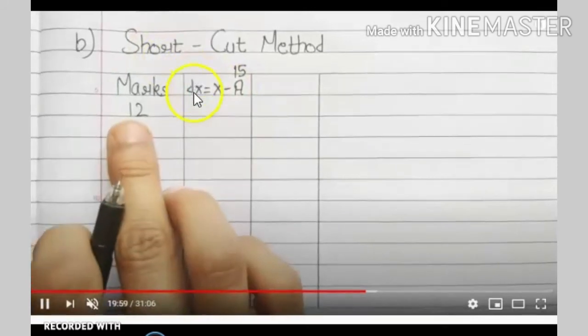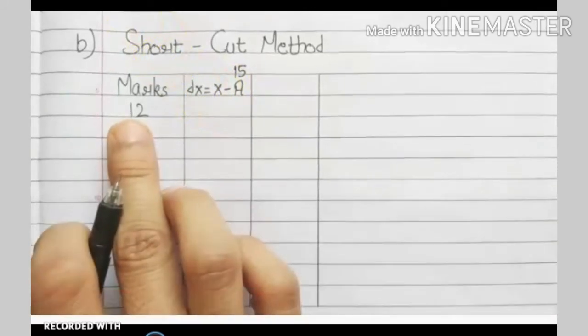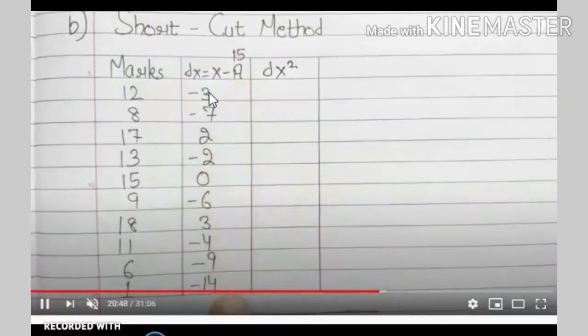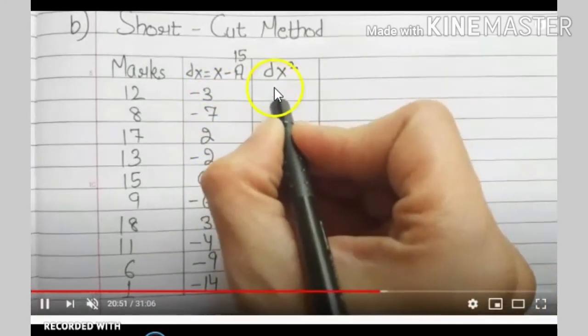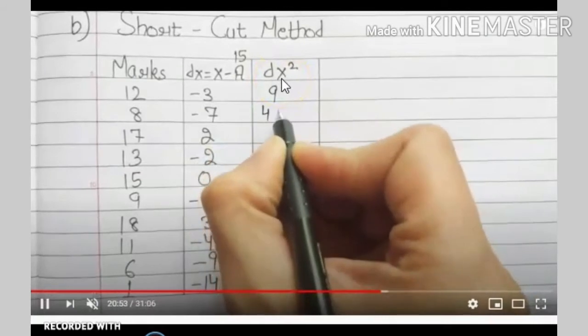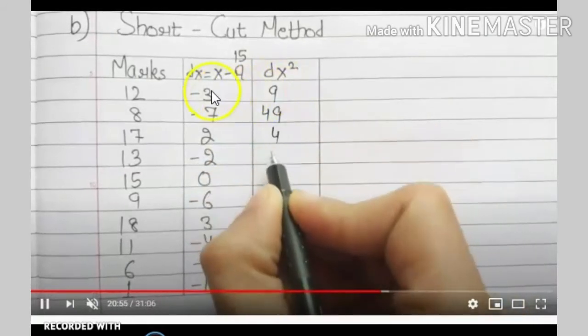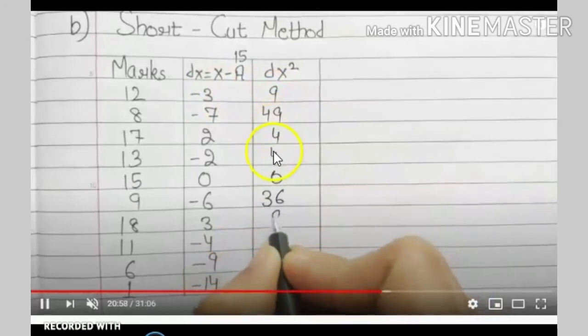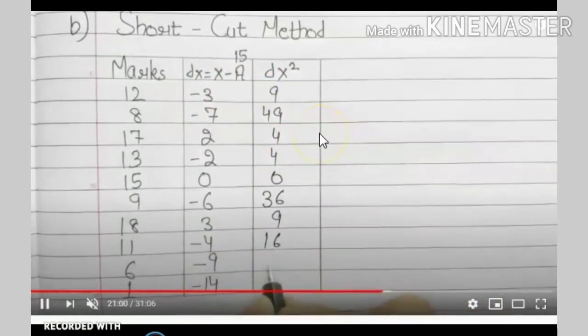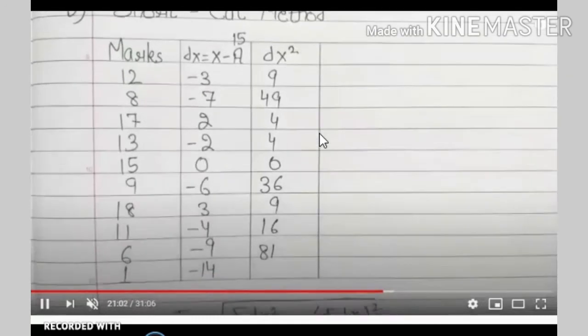Like that you have to find the dx column. The dx column is minus 3, minus 7, 2, minus 2, 0, etc. Next you will be finding dx square, the square of this column: 9, 49, 4, 4, 0, 36, 9, 16, 81.